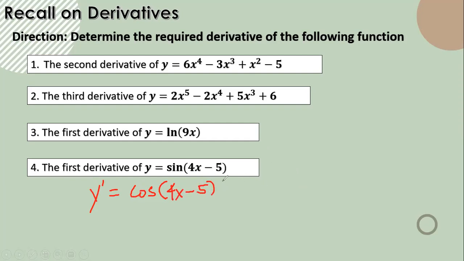And then, it is not yet finished. Again, by virtue of the chain rule, we have to multiply it by the derivative of 4x minus 5. The derivative of 4x minus 5 is 4. Thus, for our final answer, 4 cosine of 4x minus 5.